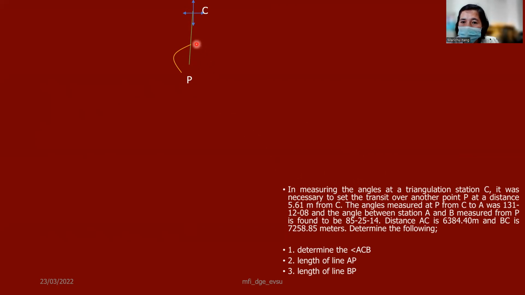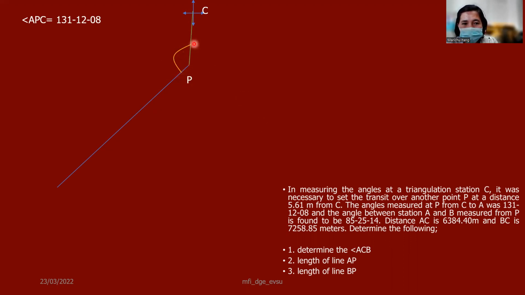This is the angle na na-measure at point P. Pag-observe na yan ng C to A. So mag-measure lang kita ng 131 degrees para maabot natin point A. Again, this is 131 degrees, 12 minutes, and 8 seconds.